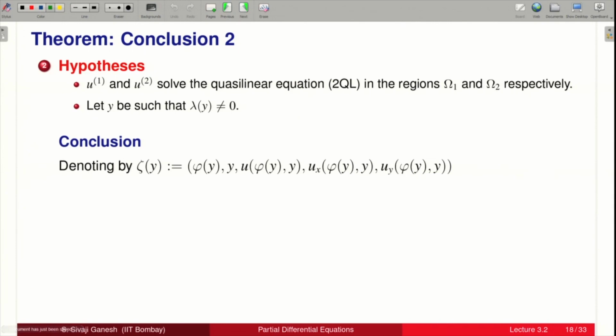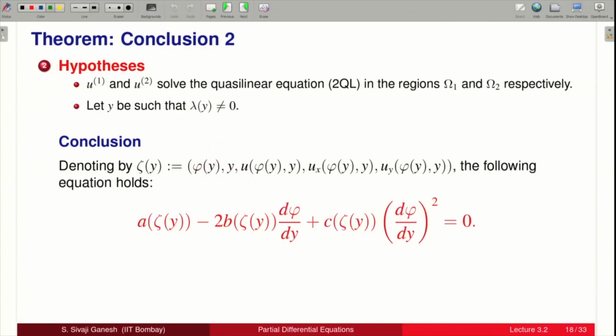Conclusion: denoting by zeta y the quantity phi y comma y, u at the point phi y comma y, ux at the point phi y comma y, uy at the point phi y comma y. Recall, the point phi y comma y means x equal to phi y. This is how a point on gamma looks like.